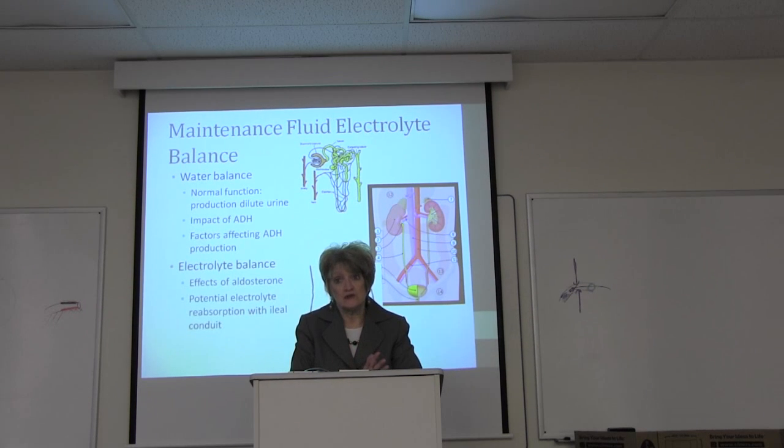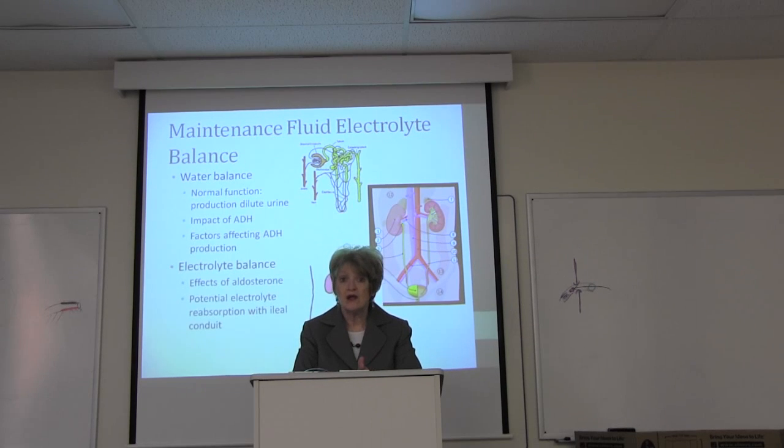Now, in terms of factors that block ADH production, the primary one is alcohol intake. So you think about when people are drinking alcohol, they're usually also eating things that are salty. So they really need more fluid. Their plasma's becoming more concentrated. But alcohol totally shuts down ADH production. So even though you need ADH, you don't make any.